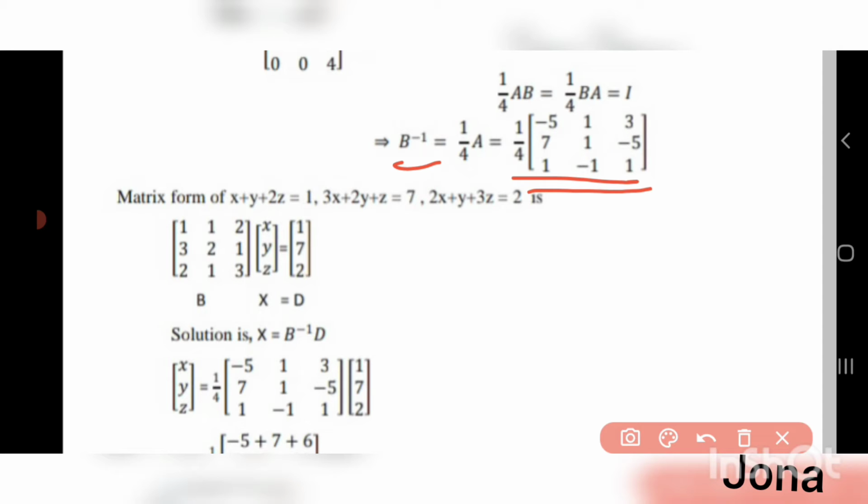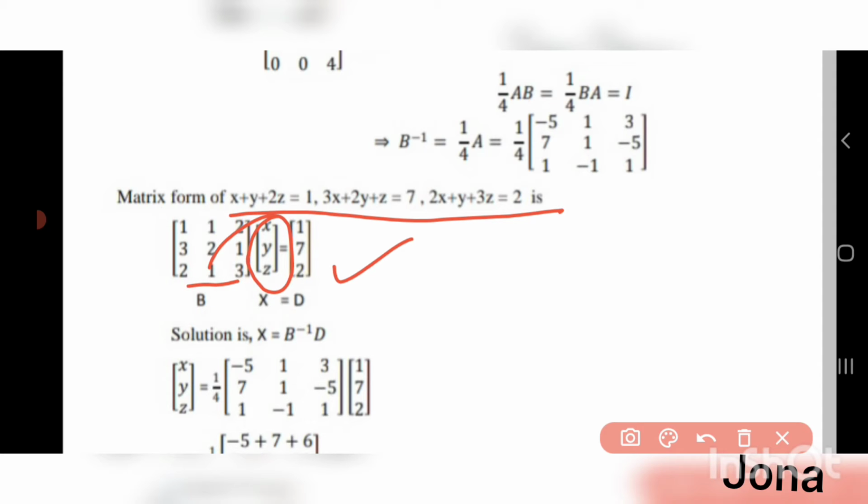So we have to reduce the matrix there. Here the matrix form is given. We take the equations into matrix form as 1, 1, 2, 3, 2, 1, 2, 1, 3 here, and then the variables are x, y, z and the constants are 1, 7, 2.